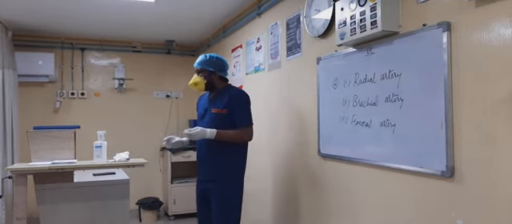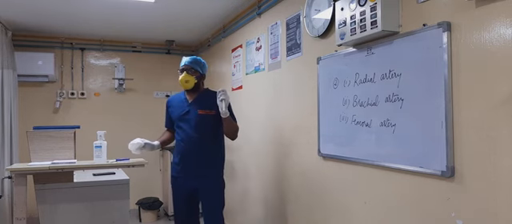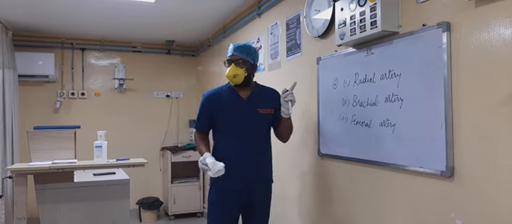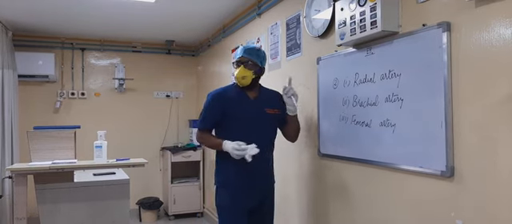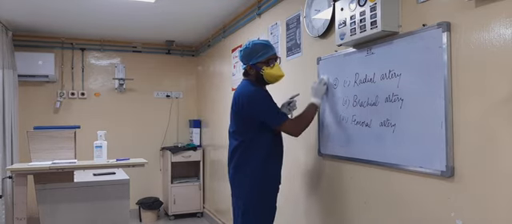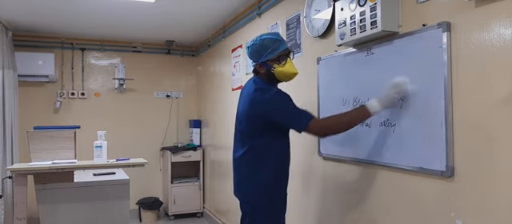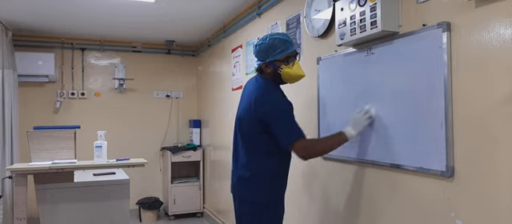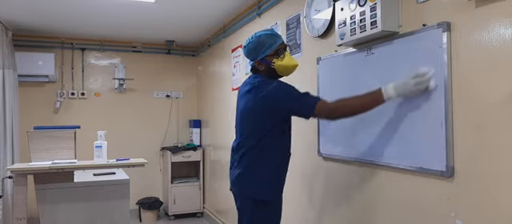Okay? These are the sites from which we take the blood to know about the ABG. This is the second step. Okay? Understood now? Radial artery, brachial artery and femoral artery. As the class goes on, the difficulty will increase. Okay?